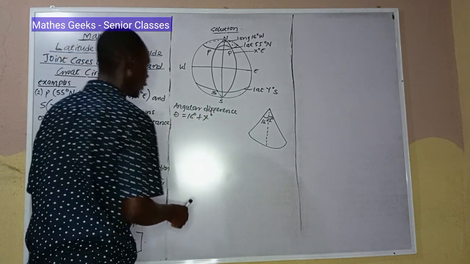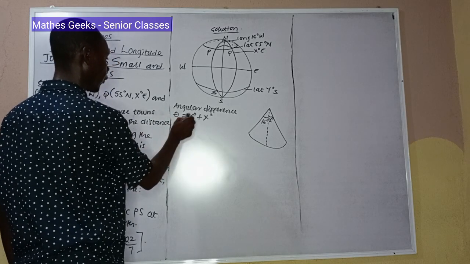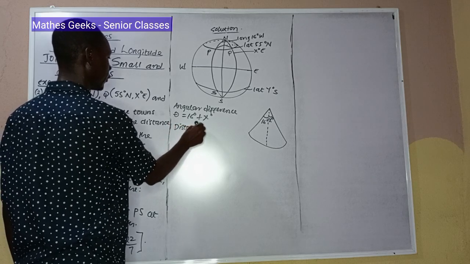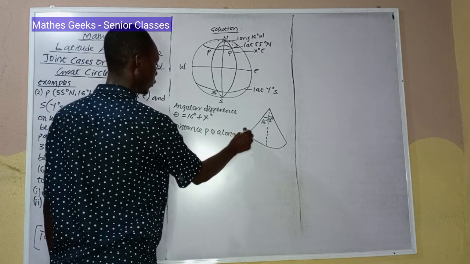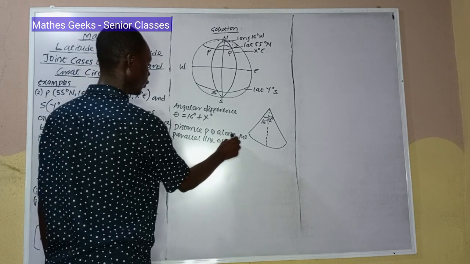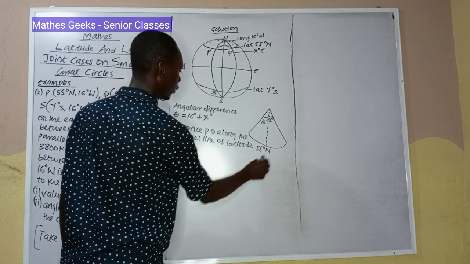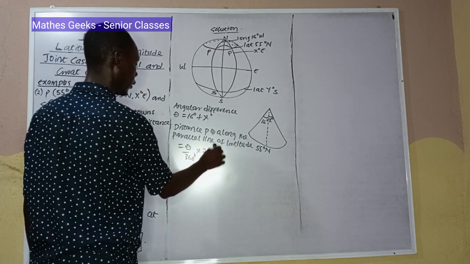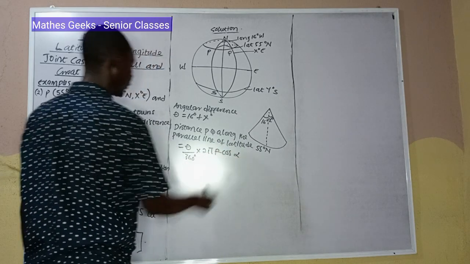So let's look for theta first of all, and x will follow. The distance PQ along the parallel line of latitude 55 degrees north is theta over 360 degrees times 2 pi r cos alpha.